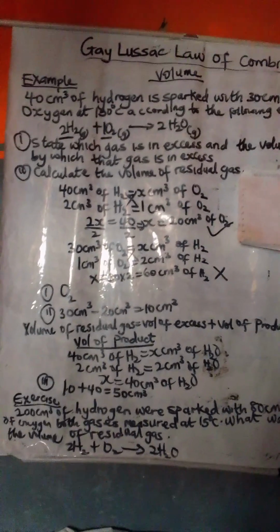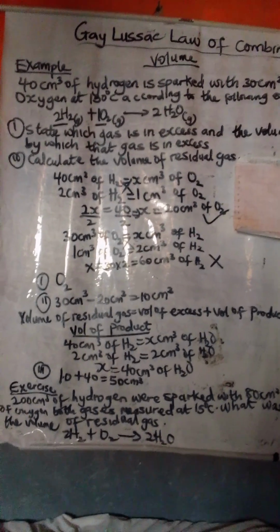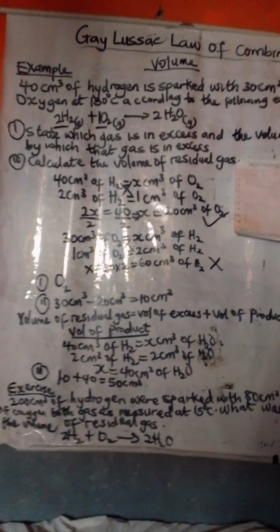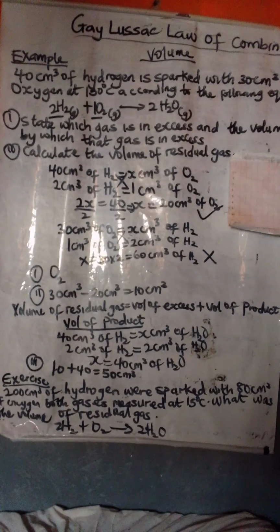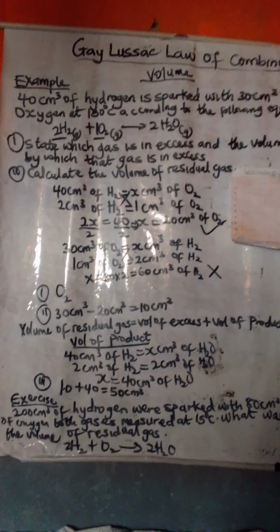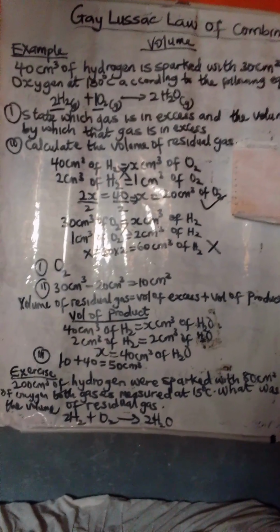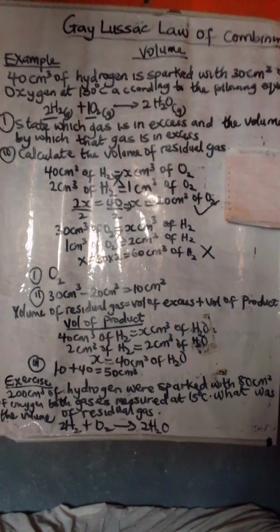Or you use 40 cm³ of hydrogen. 40 cm³ of hydrogen will give 40 cm³ of water, because it is 2:2. And that is the combustion. That is the product. So you add up 40 plus 10 will give us 50. So we have 50 cm³ of residual gas.